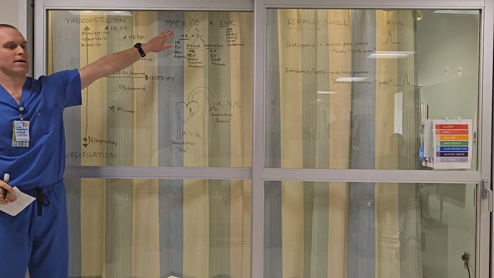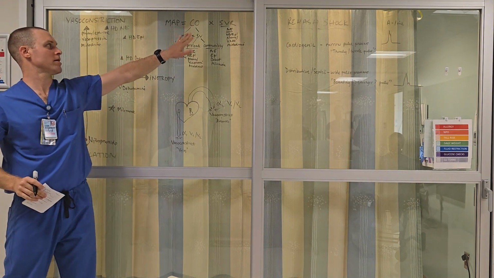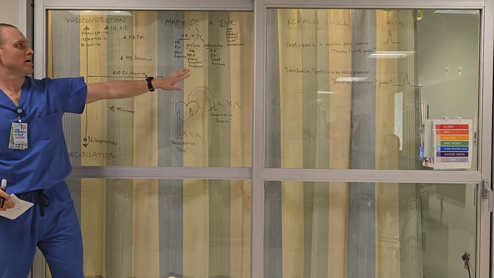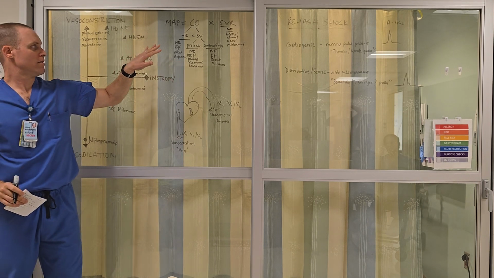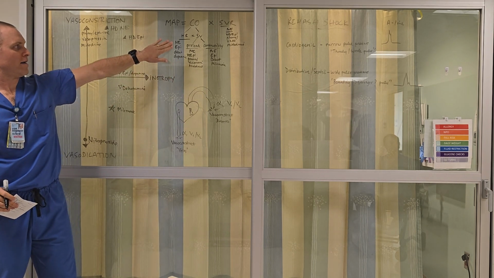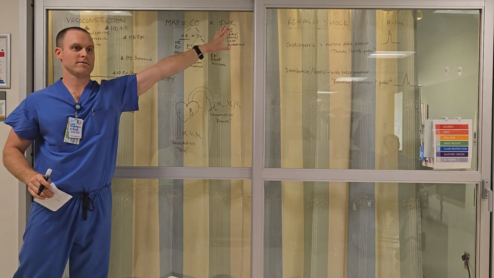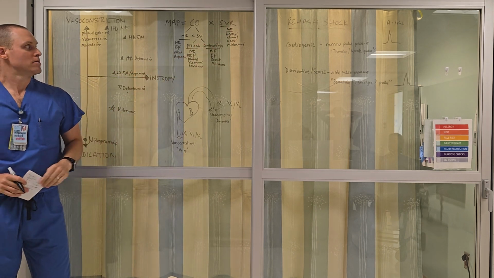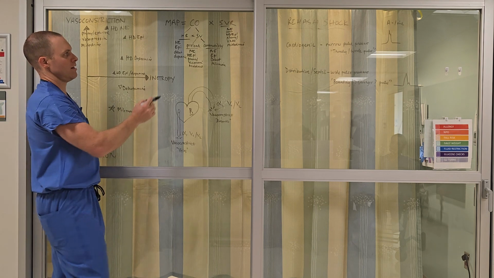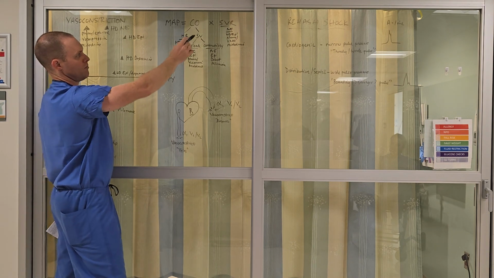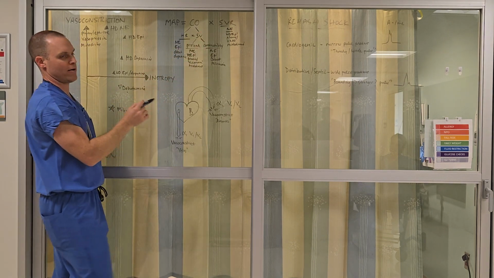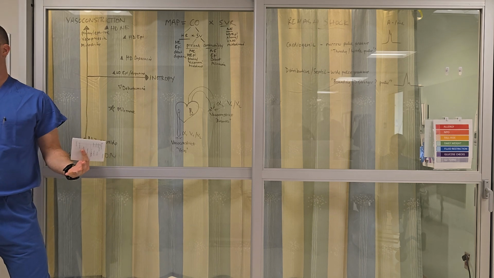So we have taken the mean arterial pressure, broken it down into its component parts, and then basically identified all of our vasoactive medications that we give and where they fit into the puzzle. So it's up to us to figure out where we have a deficit here and how we can fill it in the hypotensive patient.